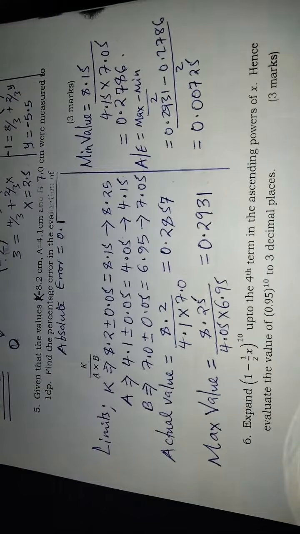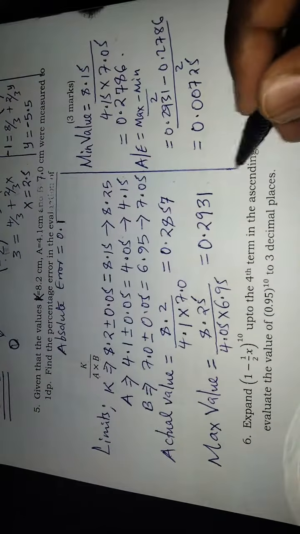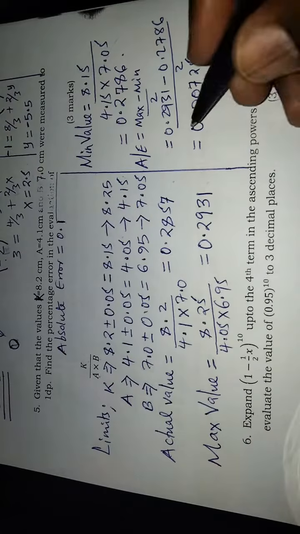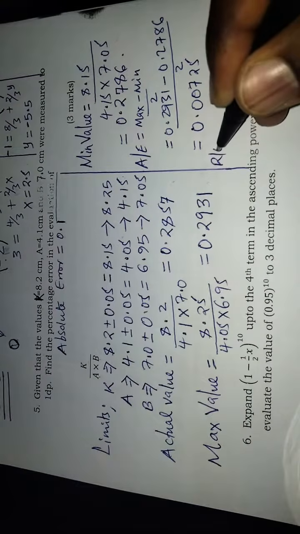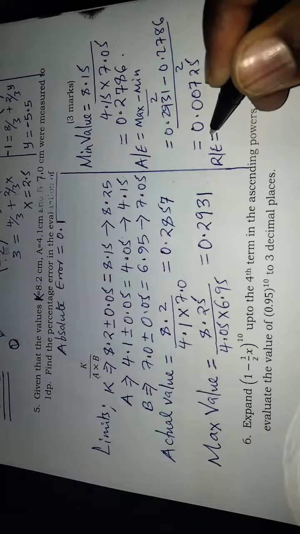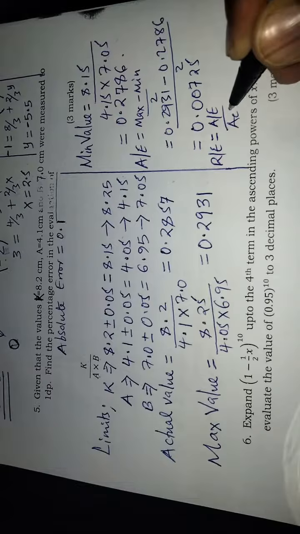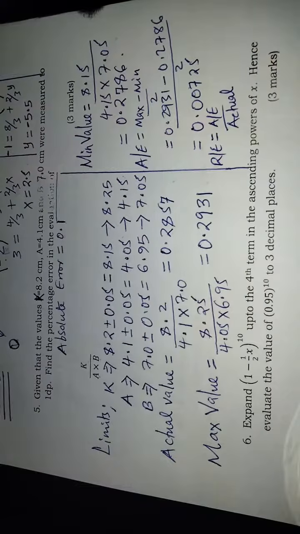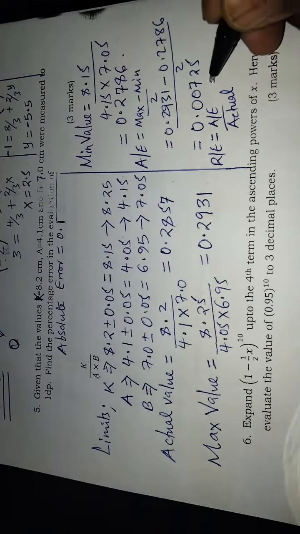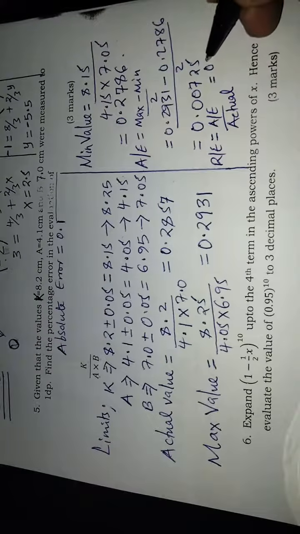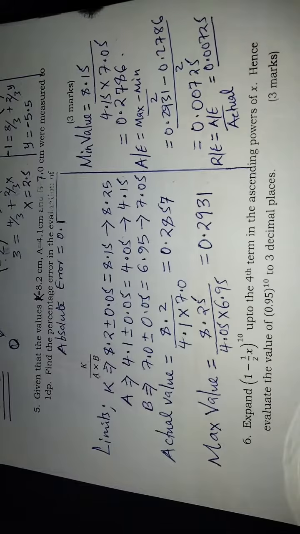Then finally, we have to get what we are calling percentage error. But before percentage error, we get what we call relative error. Relative error is usually obtained by absolute error out of actual value. Therefore, we need the absolute error we have just calculated out of the actual value of the working, which is 0.2857.